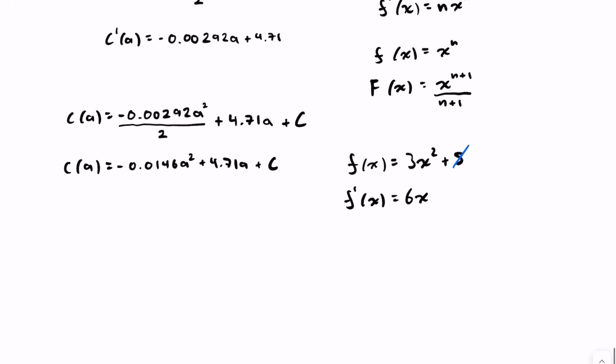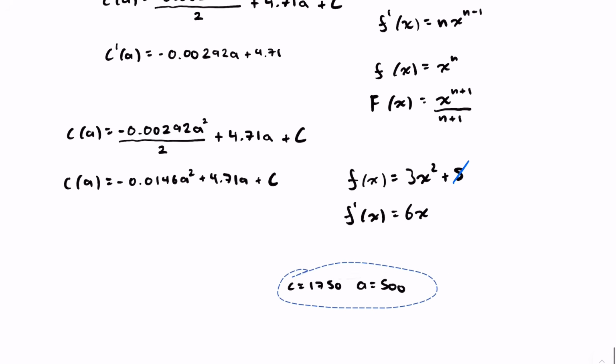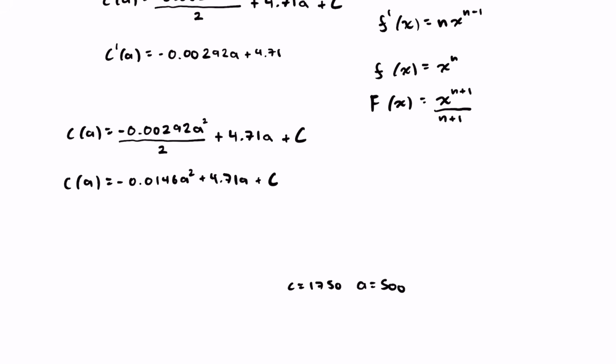And if we're looking back at our cost function, I'm going to erase some of this, we have these 3 unknowns here: cost, area, and then our unknown constant. But we actually know 2 out of the 3 unknowns for our original cost function. So if we substitute 2 out of those 3, the cost and the area, we'll just be left with 1 unknown.